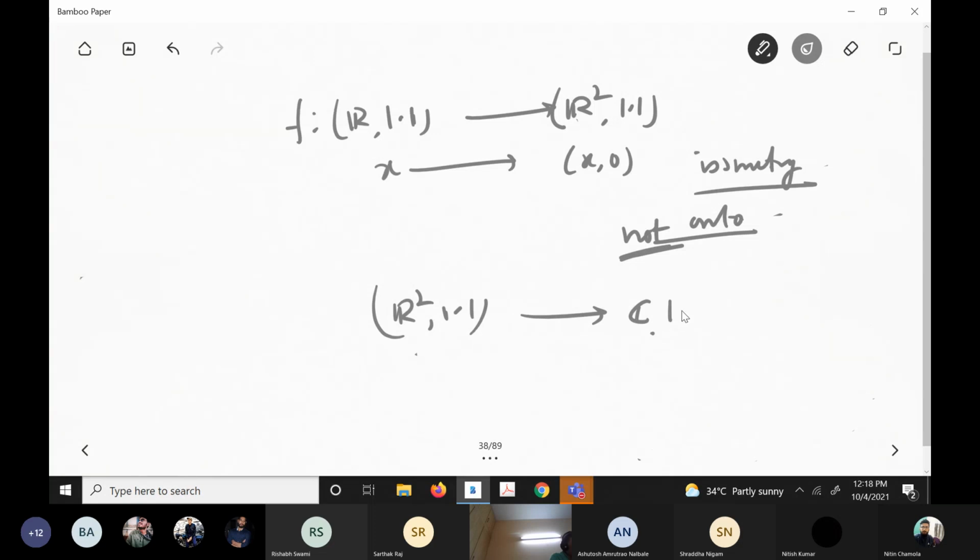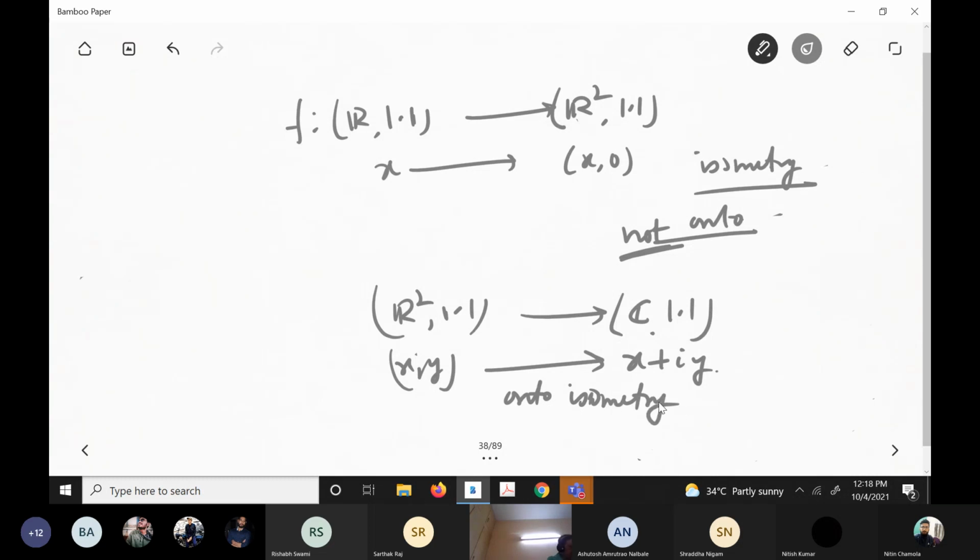With this natural map, which I will call iota, this will be an onto isometry. The composition of two isometries will be an isometry. So here I am asking whether there is an onto isometry between them. Does there exist an onto isometry from R to C?